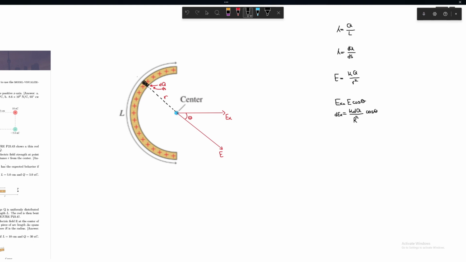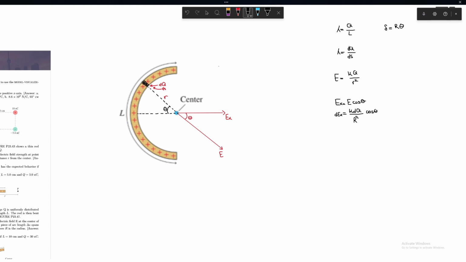And so now I gotta find my theta. And I know this theta is the same as this theta, right? And we know in other courses that the circumference, sorry, the arc length, is equal to my R, which is the radius, times my theta, right?